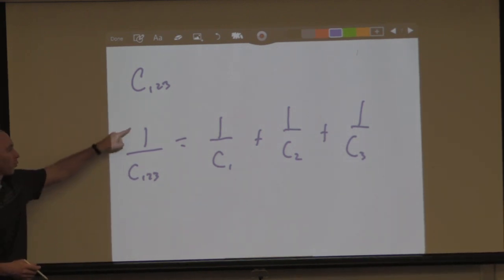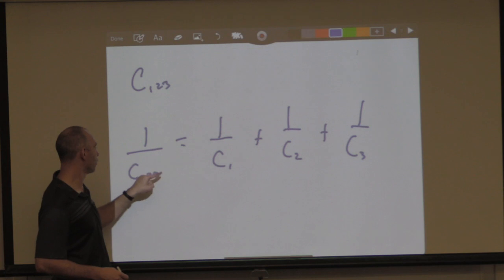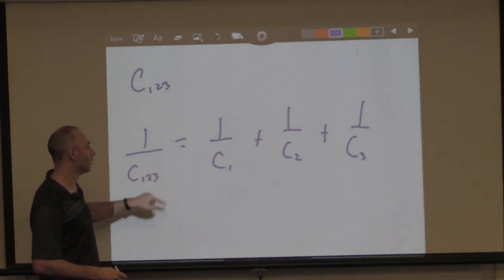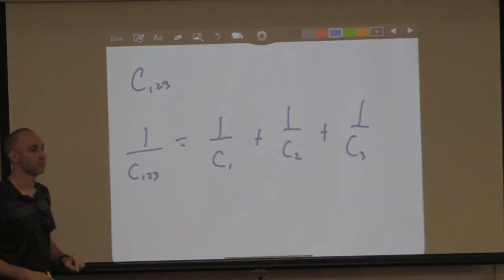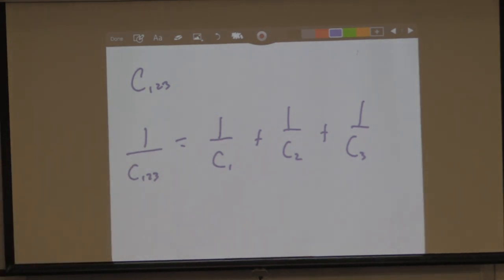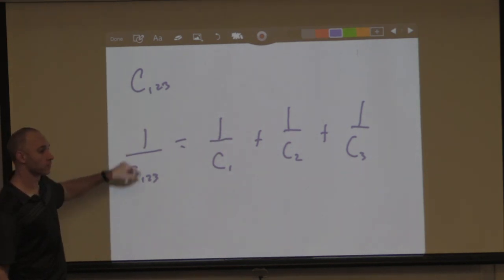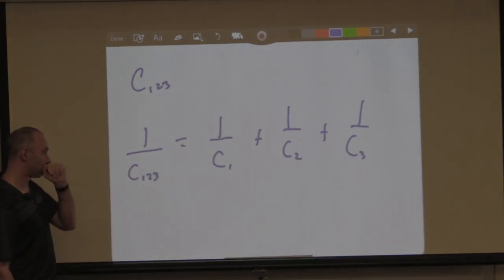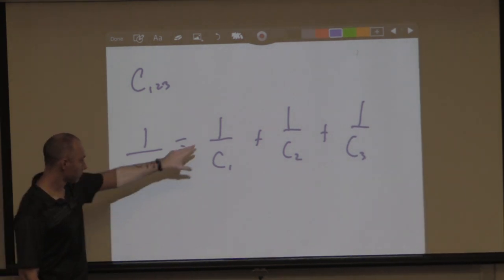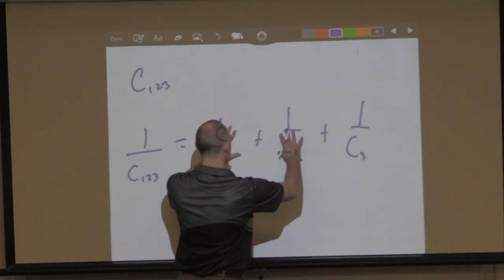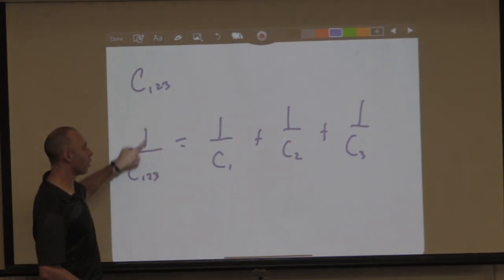So what do you do? You take 1 divided by the thing you get, and you get this. 1 divided by this whole thing is C123. If I was using my calculator, I would just put 1 over C1 in parentheses plus 1 over C2 in parentheses, and that would give you this, which is equal to 1 over the thing we want.